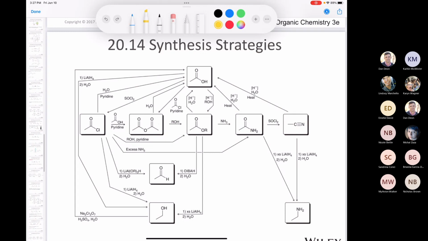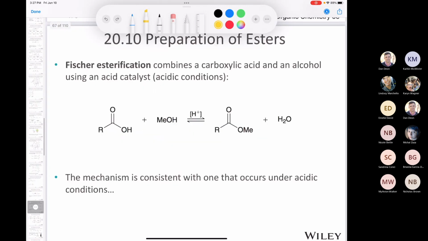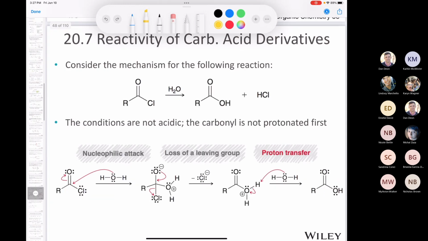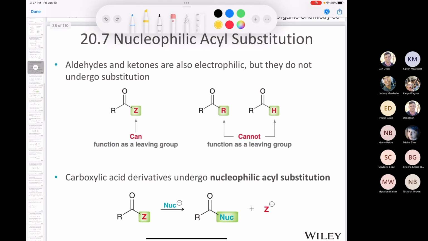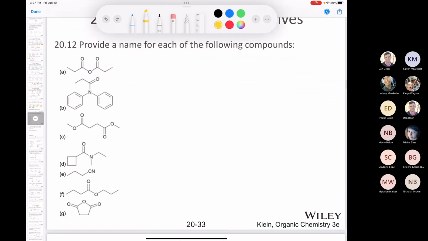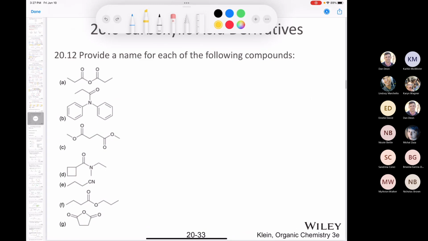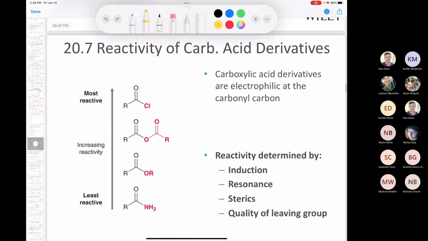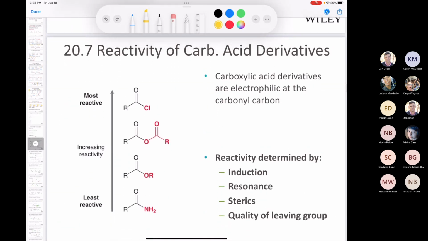I think we might call it a day after we cover section 20.7, because there's just a lot of content to digest with all of this nomenclature. And I would like to go over this section with you so that you have some good background heading into the weekend as you read the remainder of the chapter.